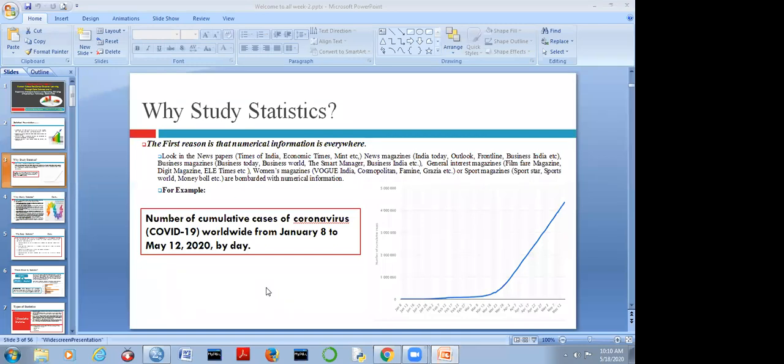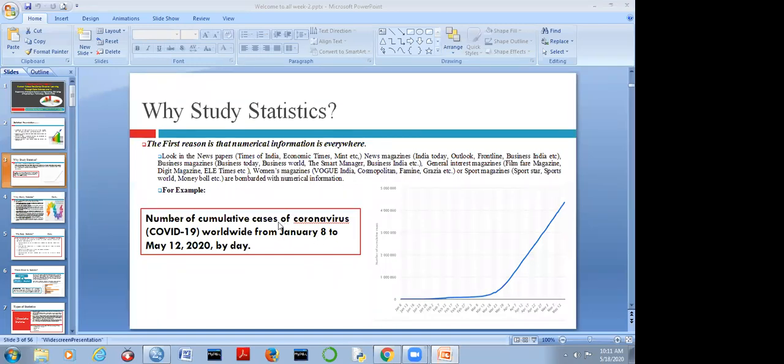You go to the vegetable market, then you tell them, please provide me 1 kg or 2 kg or 3 kg of potatoes or vegetables. So with everyone, from a layman to an educated person, you talk in a numerical way, numerical information. You're getting my point.